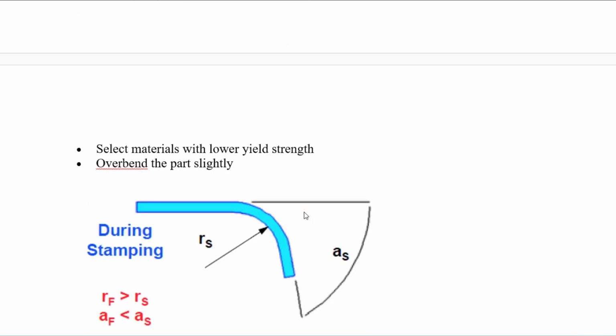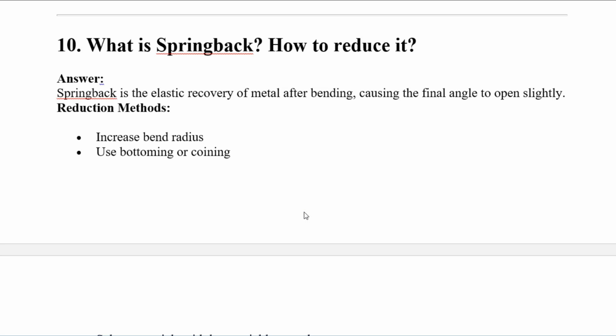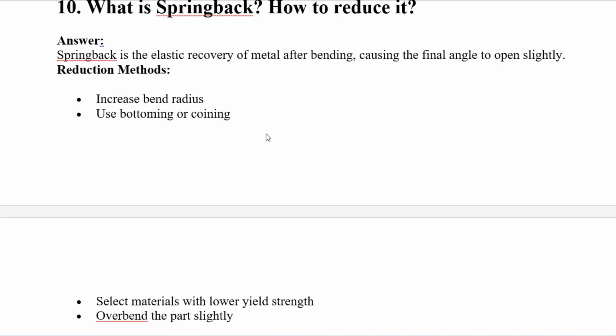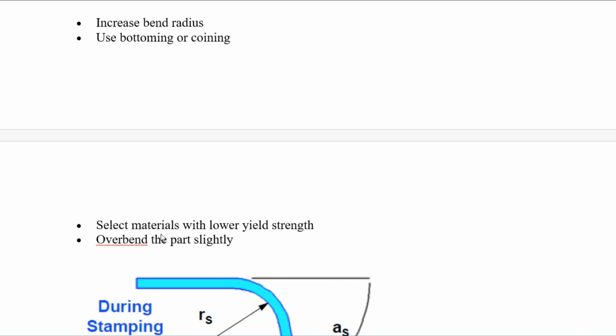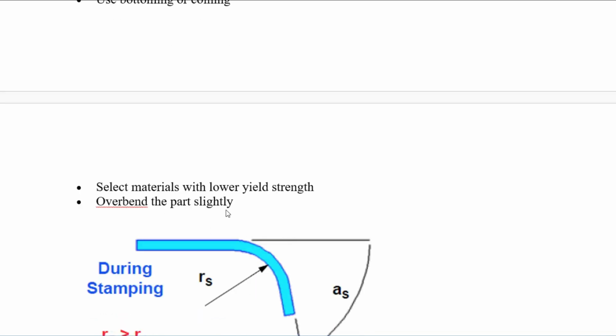So for that, what do we need to do? We need to increase the bending radius. These are the different approaches we can use to get the proper final angle. We can increase the bend radius, or use the bottoming or coining method, or select a material with lower yield strength, or overbend the part slightly.